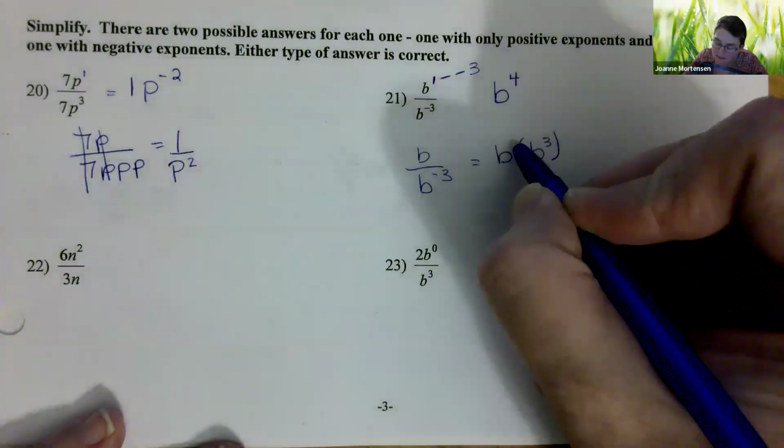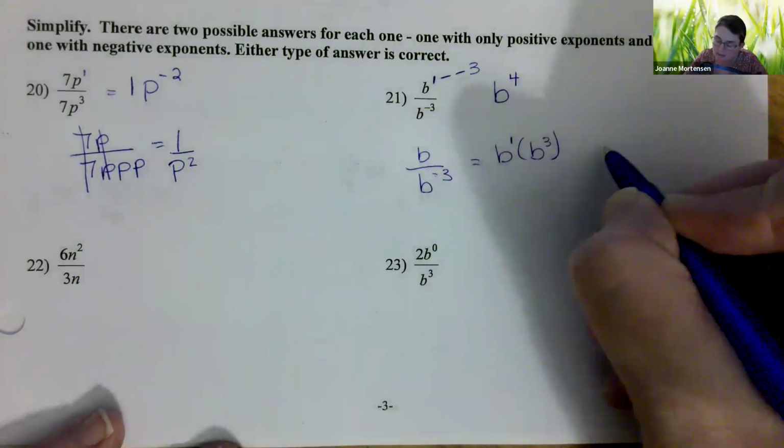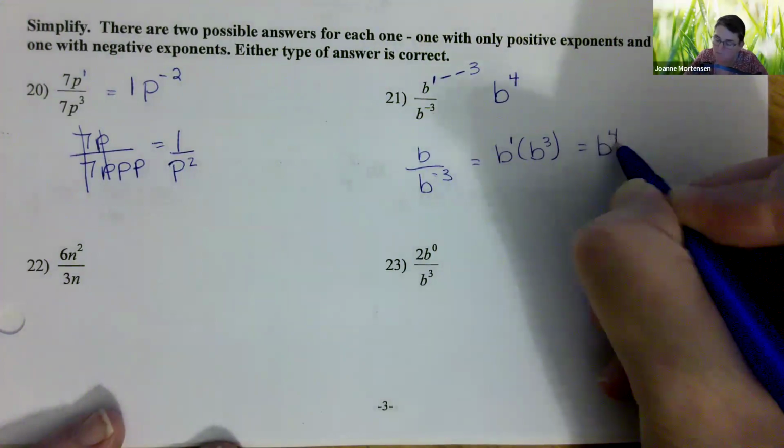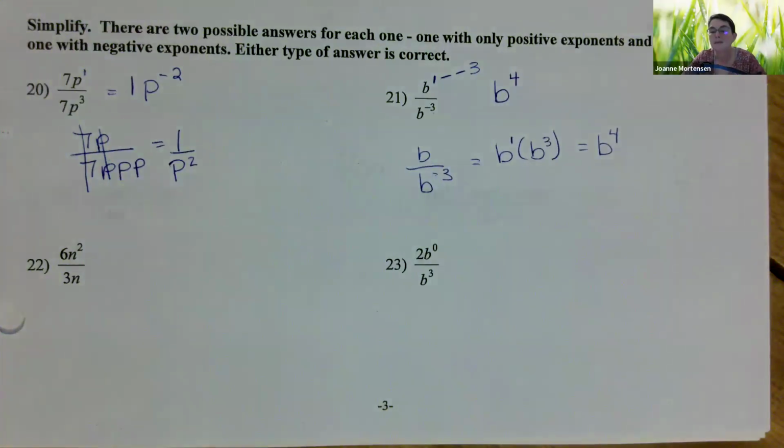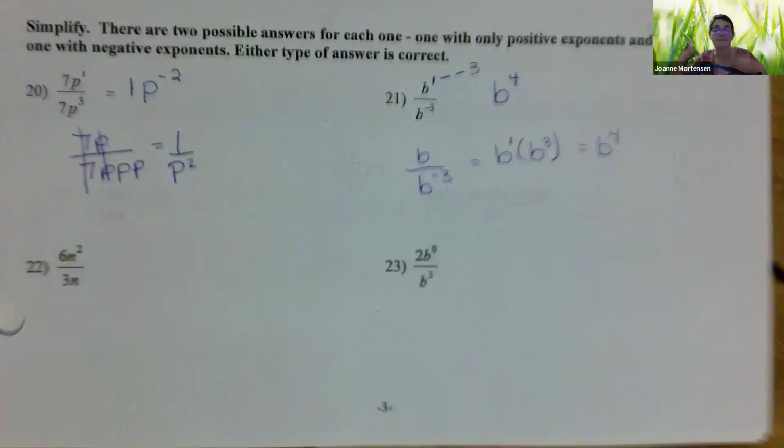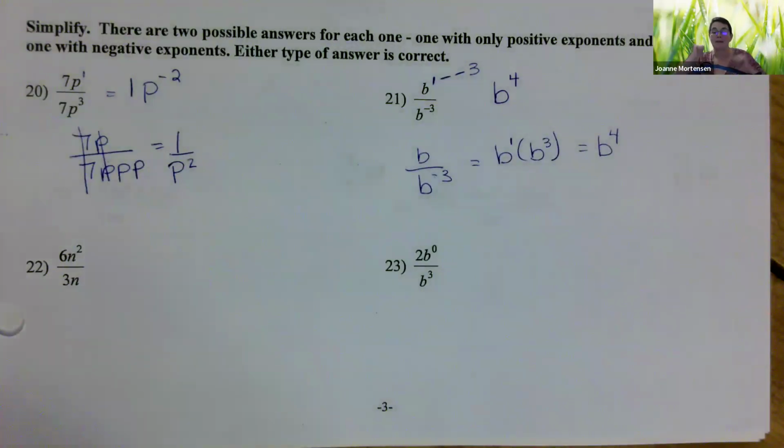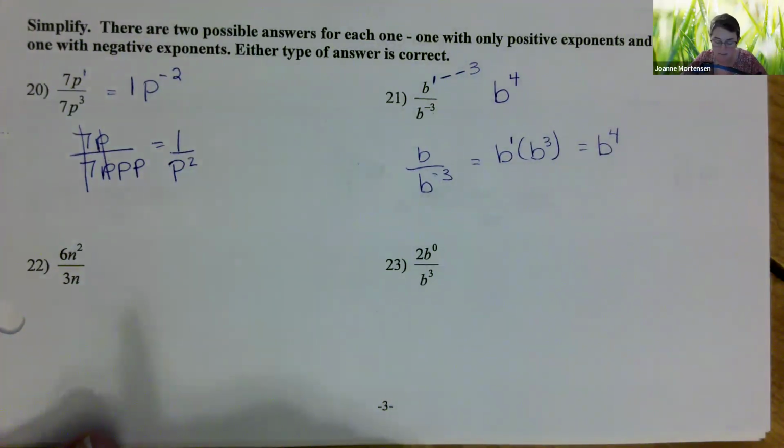And then I happily go 1 plus 3 is b to the 4th. So b times b cubed. So whatever makes you happy. Either way, you're going to get b to the 4th. I'm staring at it going, yeah, you're not going to get a negative exponent on that one. It doesn't make any sense.